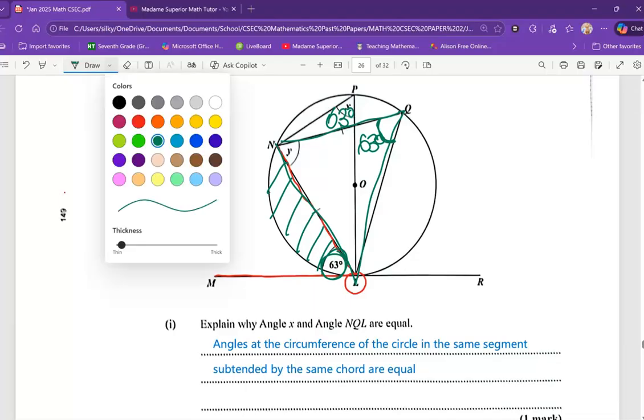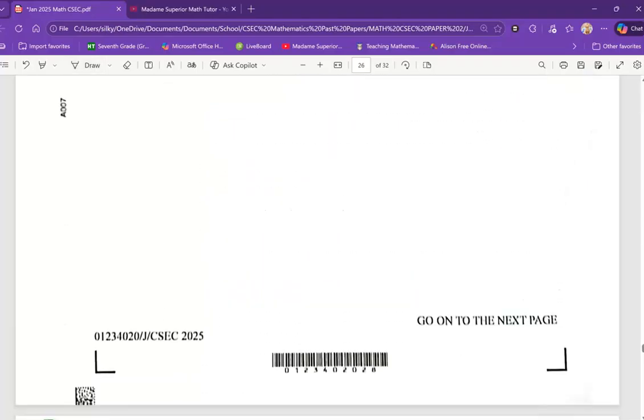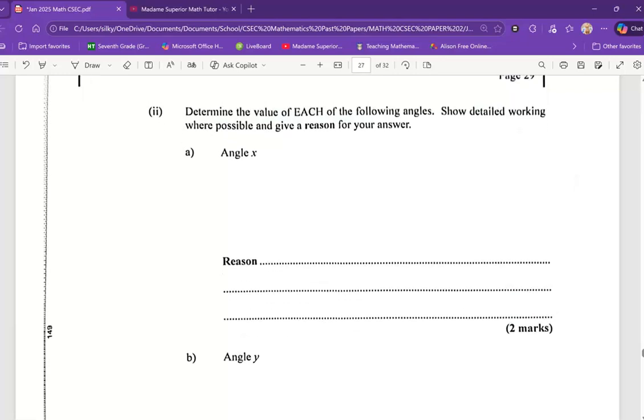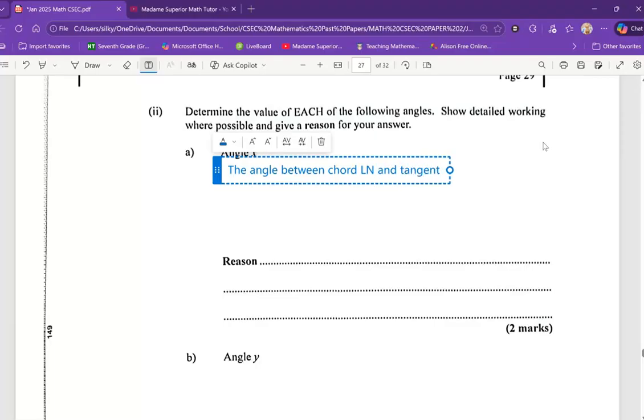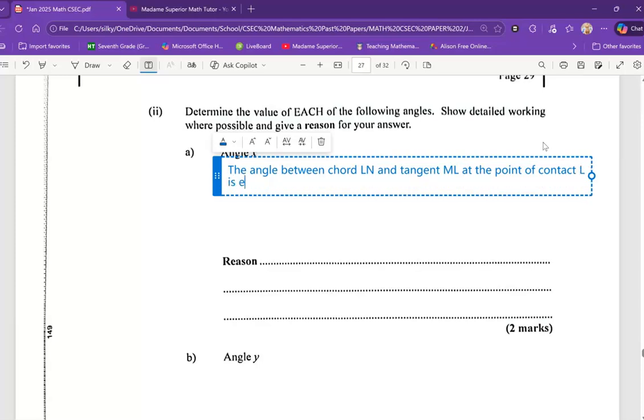So let's write down our reasoning. The first thing we said is that the angle between chord LN and tangent ML at the point of contact L is equal to the angle in the alternate segment NQL.